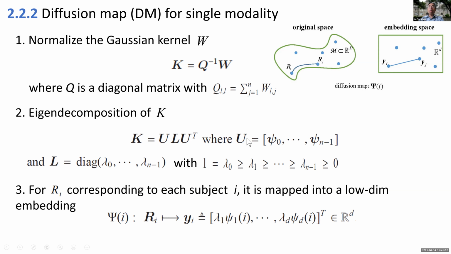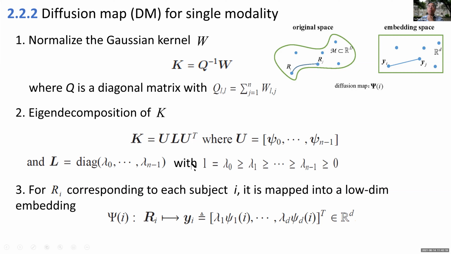So using this eigen decomposition, we can project the point R from the original space into a lower dimensional embedding space by using both the eigenvalues and eigenvectors.